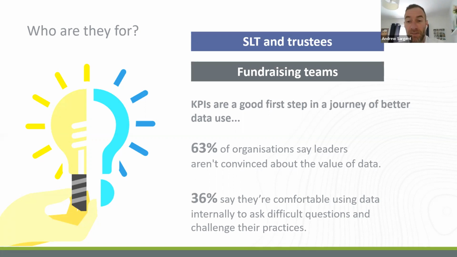And only 36% said they were comfortable using data internally to ask difficult questions, which is really what KPIs should be doing. You should have that measure to really challenge: is this working? Is it not working? Are we doing a good job? So KPIs are a really good first step to get that 36% up to at least 50%, 60%, 70% where organizations should be.